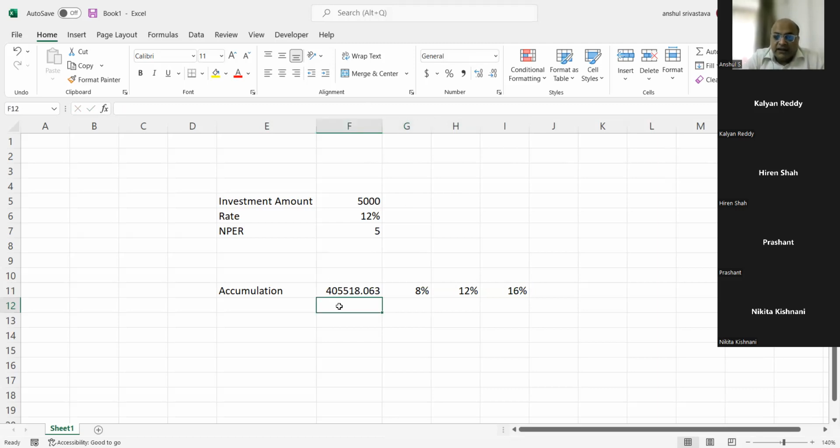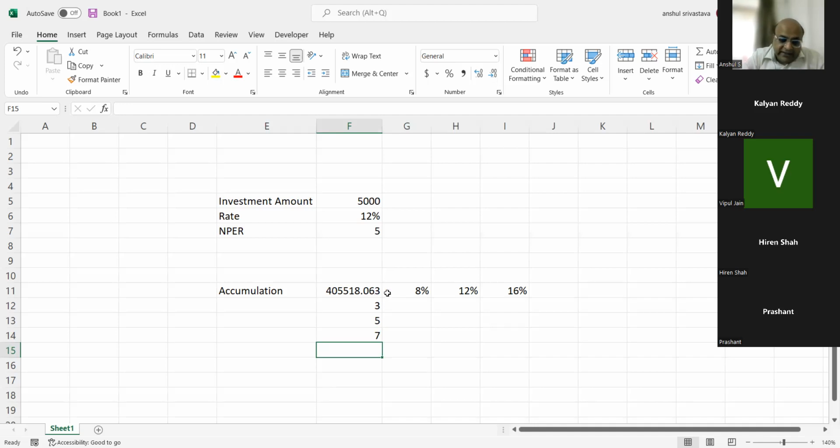Then time period: we are taking 3 years, 5 years, and 7 years. 3 different time periods. So basically the 2 variables are the interest rate and the time period.